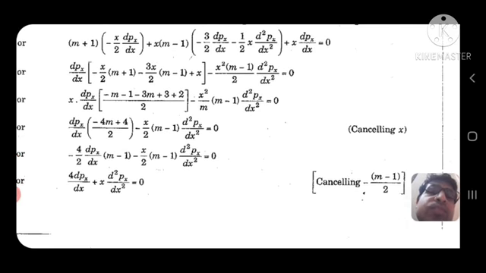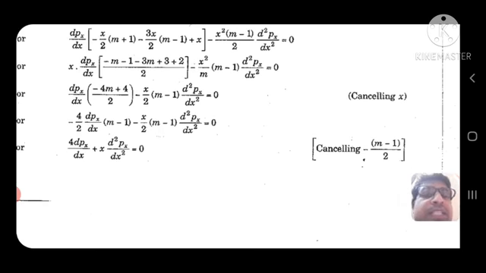Therefore, (m plus 1) minus x by 2 dpx by dx plus x (m minus 1) minus 3 by 2 dpx by dx minus half x d square px by dx square plus x dpx by dx equal to 0.